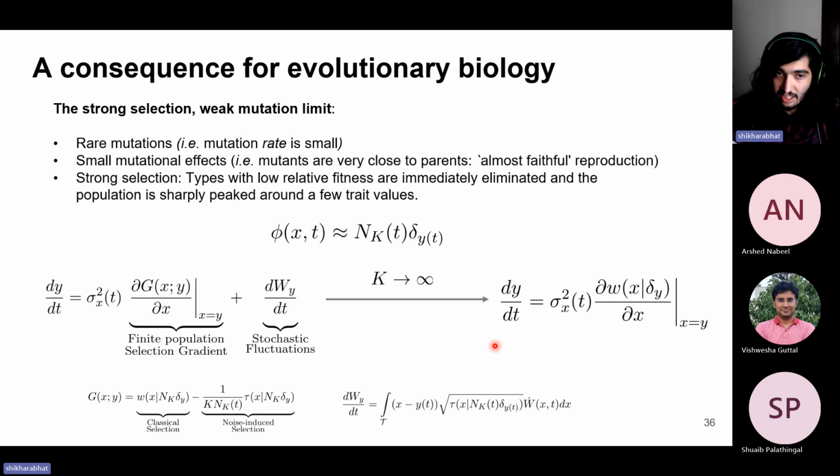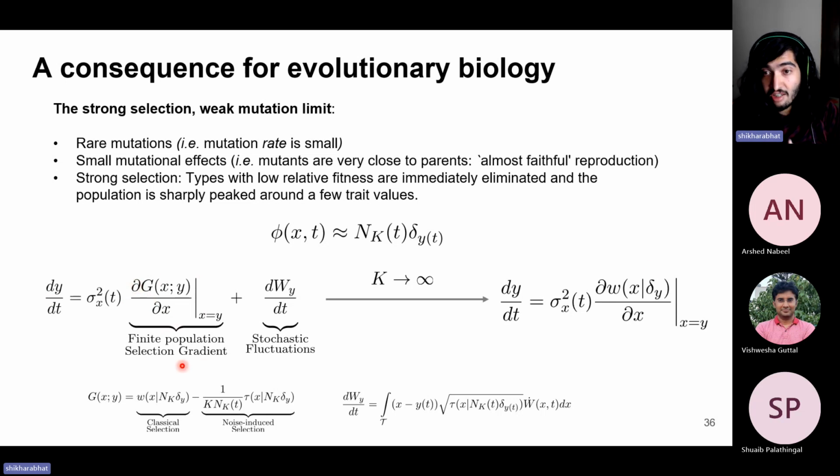But what we learn is that for finite populations, in the same limit, while you might expect to follow a fitness gradient because you have very strong selection and weak mutation, or naively you might say, okay, there's drift, so I don't follow a gradient exactly, you find that your mean trajectory, that is if I take expectations, I do follow a gradient, that is it is d by dx of something.